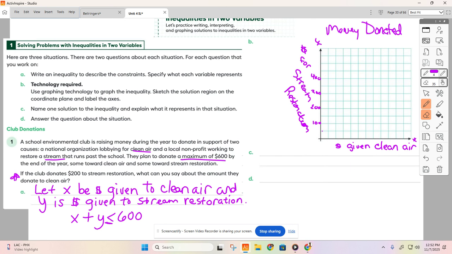The reason I do that is if you try to write all the numbers, it gets really congested and then it's hard to read. So the top line is my 600. Alex, heads up. I'm going to do the same numbers going across the x-axis: 100, 200, 300, 400, 500, and then finally 600 at the end.